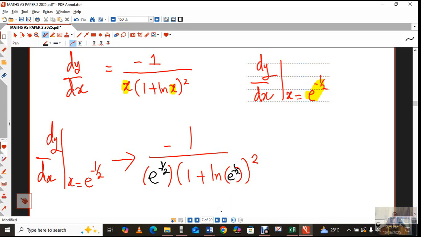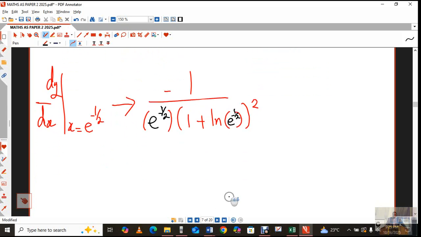That's what we're going to do. At the end of the day, we can actually clean this up. I'm going to leave my negative 1 on top for now.